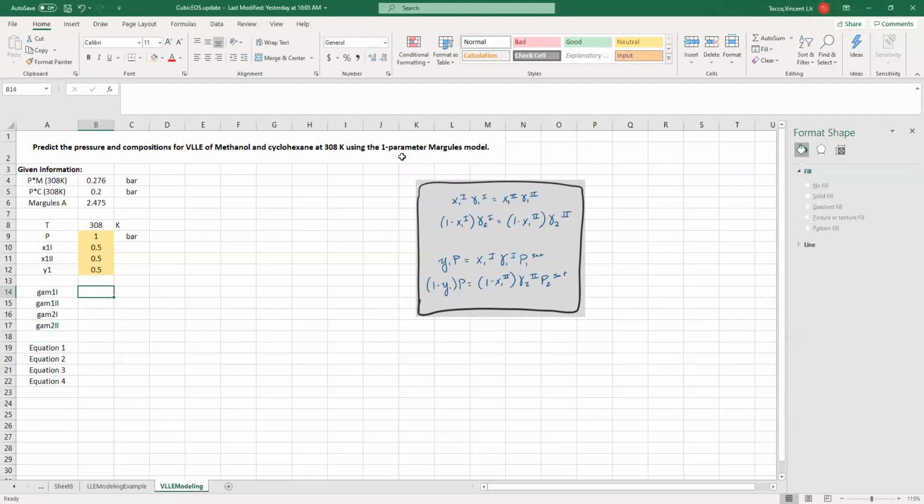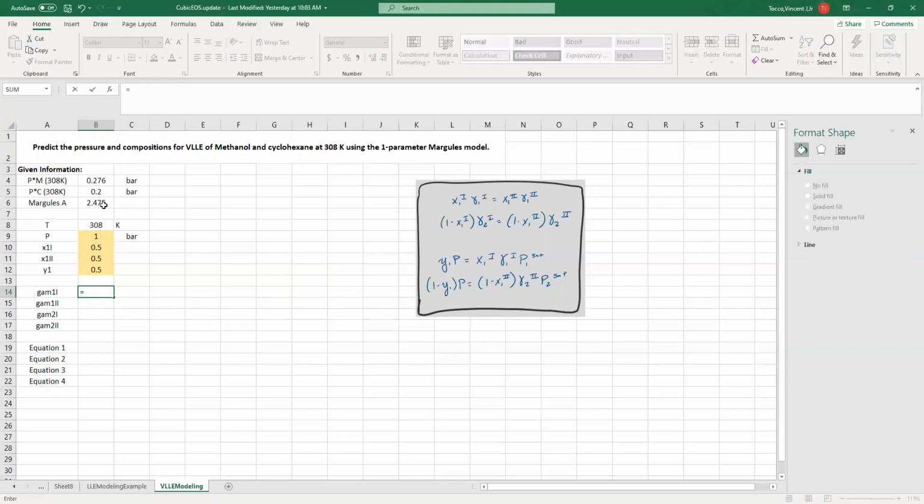So the problem statement tells me to use the 1-parameter Margules model. Remember that the Margules model for the activity coefficient is ln of gamma is equal to A times x squared, where gamma 1 takes x2 squared and gamma 2 takes x1 squared. So I have a value for the Margules A, so I can go ahead and calculate those, right?